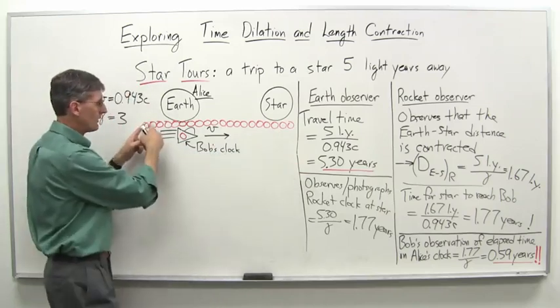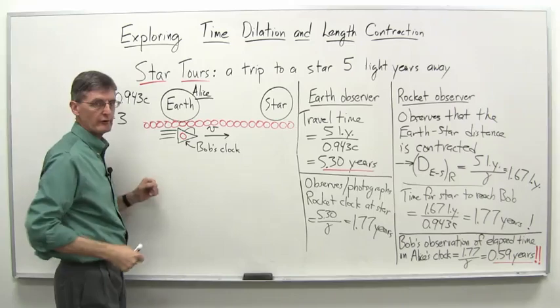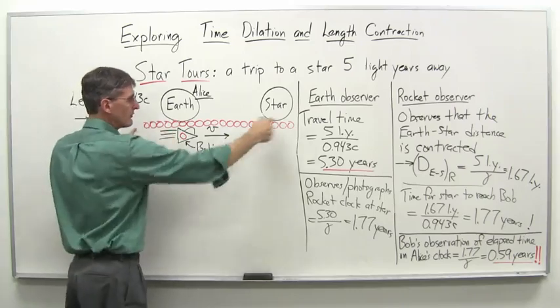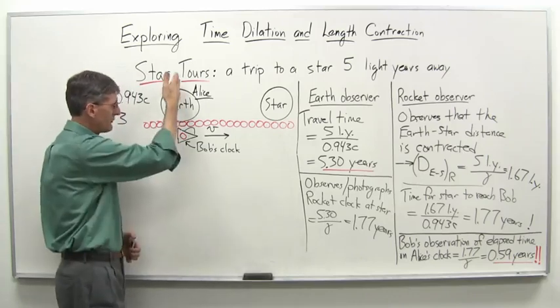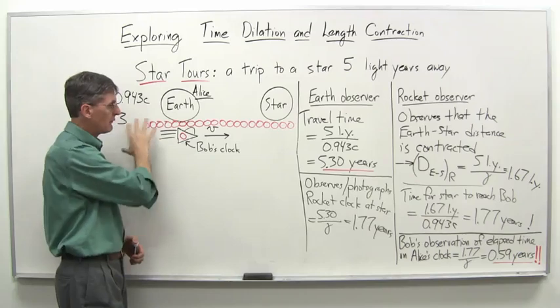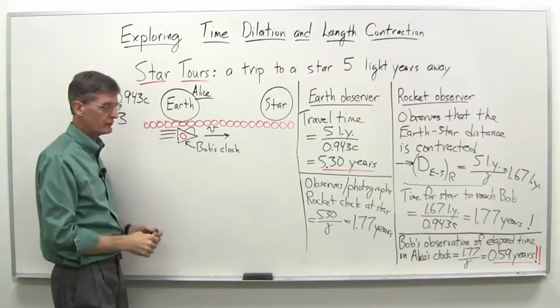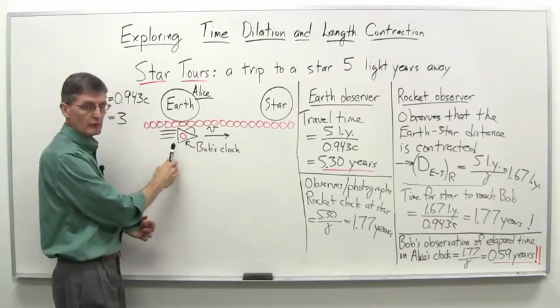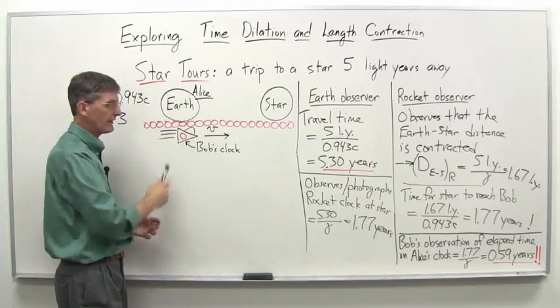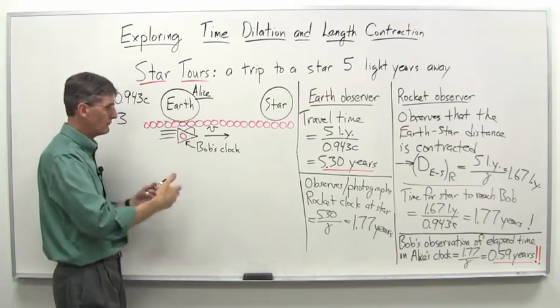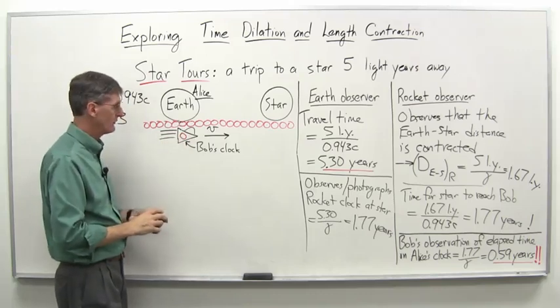I've drawn in here the Earth star system lattice of clocks, the imaginary lattice of clocks. When Bob passes by Earth on his trip, Bob's clock will read 0. Alice's clock on the Earth system will read 0 right at that point. So they both are measuring time from that instant on their clocks.